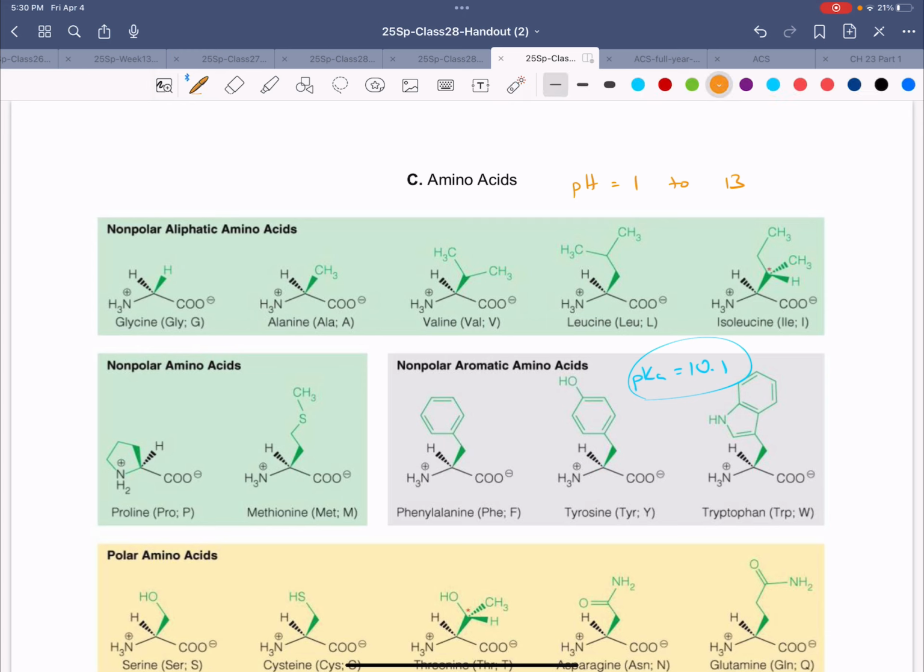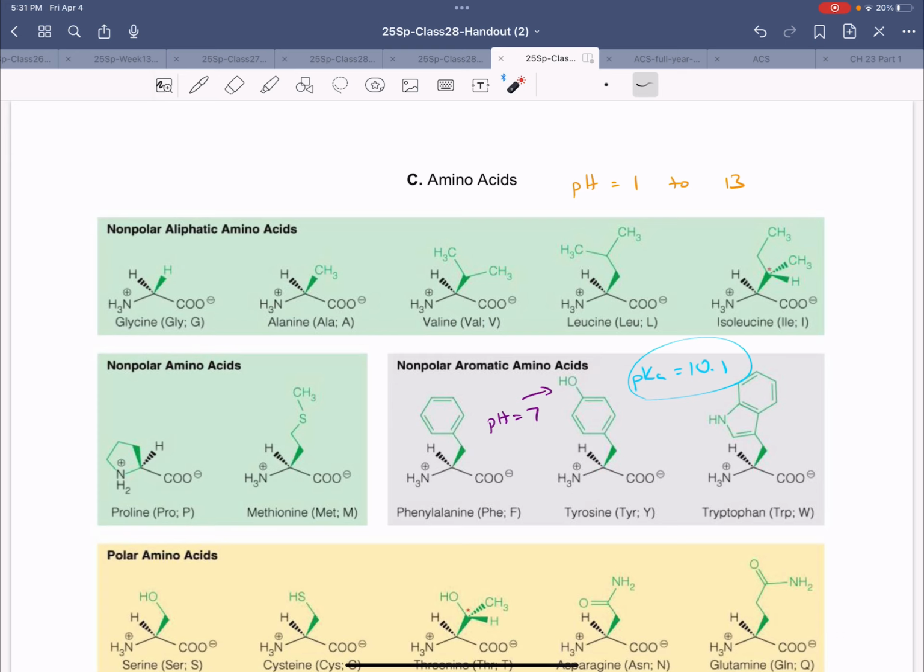Or maybe another way you could think about it is it looks like this at pH equals 7. So at pH 7, it's neutral. As we get up to pH 10, what's most likely? Most likely we're going to be basic enough to get rid of this H and make it O minus.